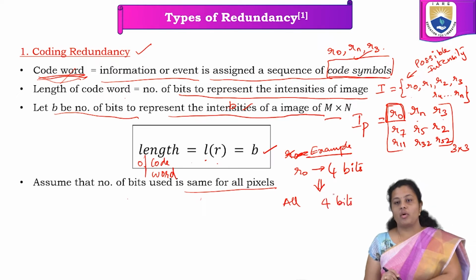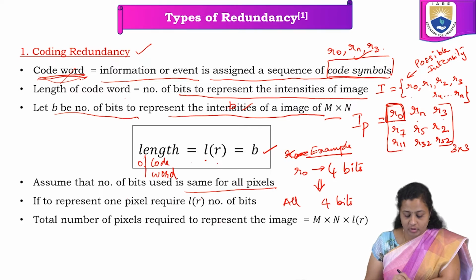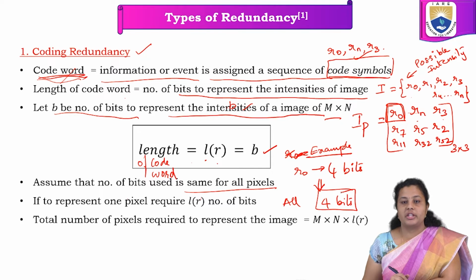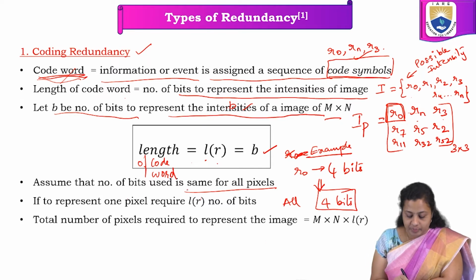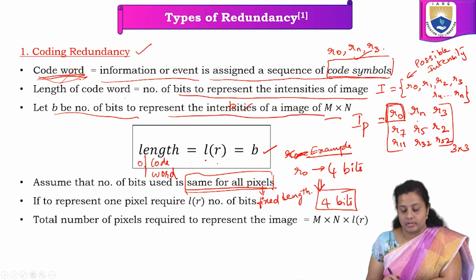If all the intensity values are represented by the same number of bits, then we call it a fixed length code.